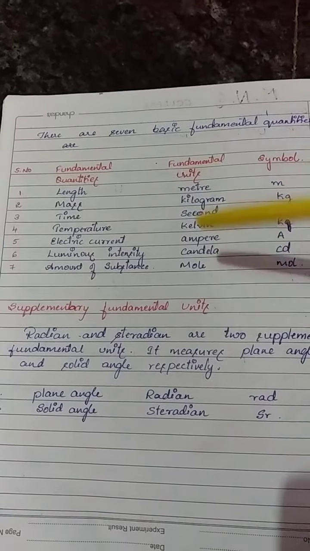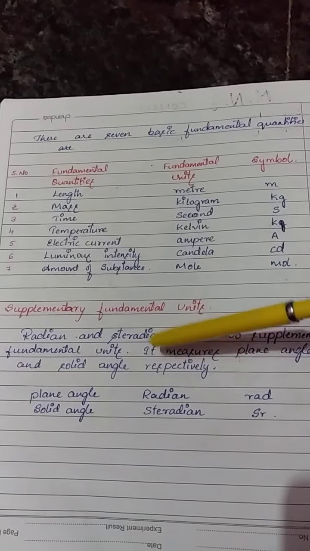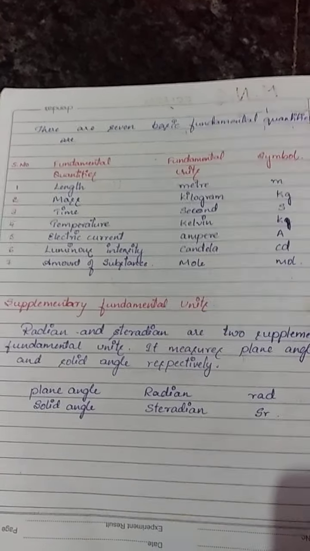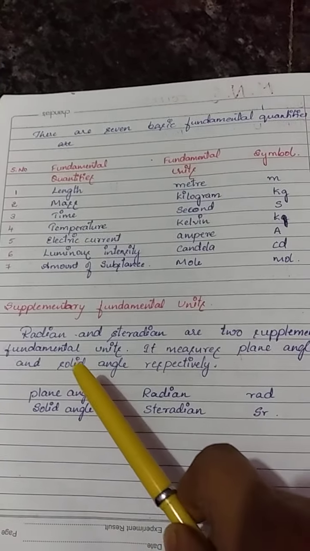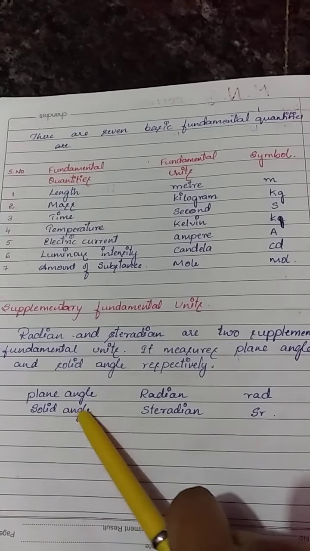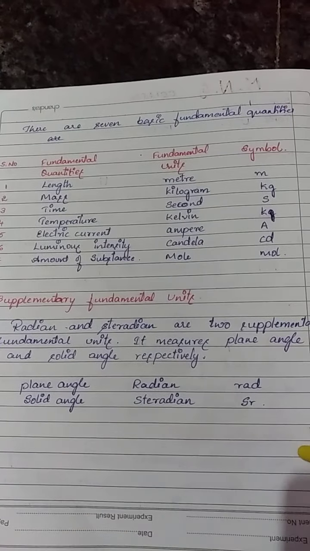Additionally, there are two other quantities: plane angle and solid angle. Means angle of plane and angle of solid. Angle of plane means two-dimensional form.